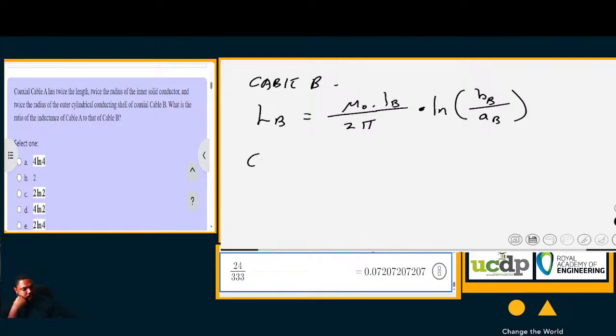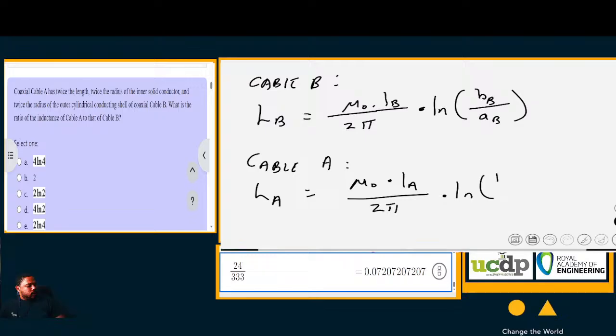So for cable A, the inductance of A is equal to mu naught. In the original formula, I forgot to include the length. We should multiply by the length of the cable A divided by 2 pi times mu naught times the ln of the outer radius of A divided by the inner radius of cable A. So there we have these two formulas.